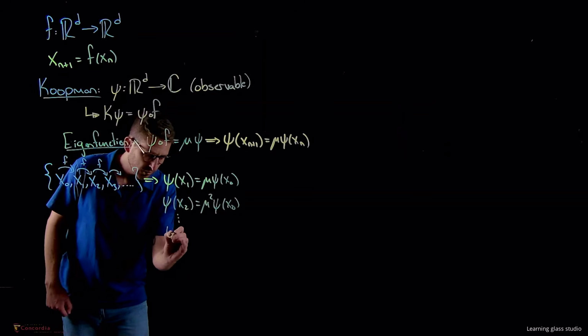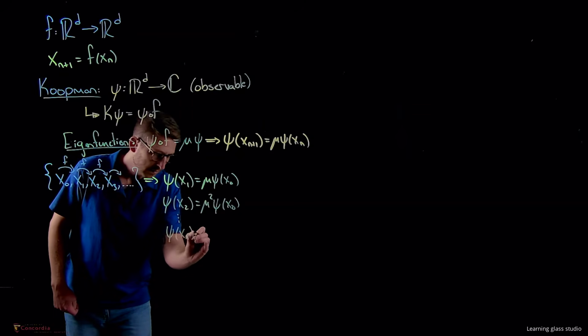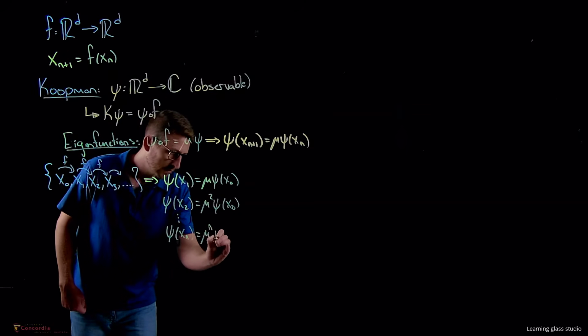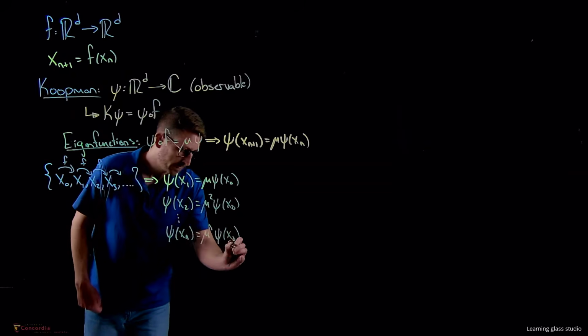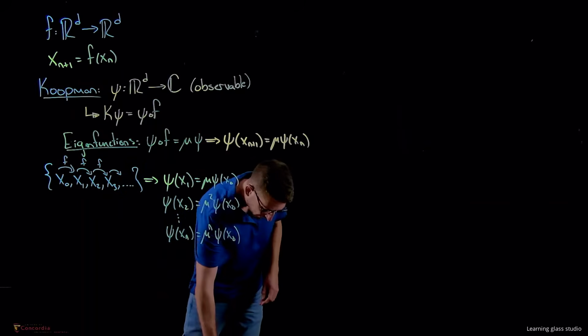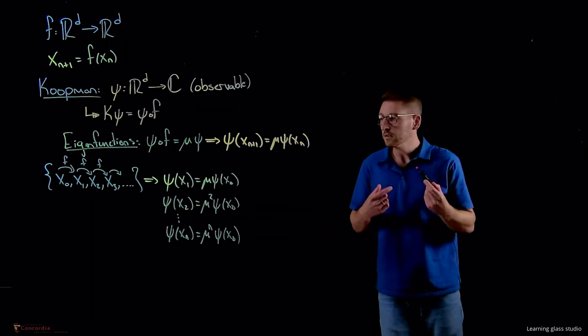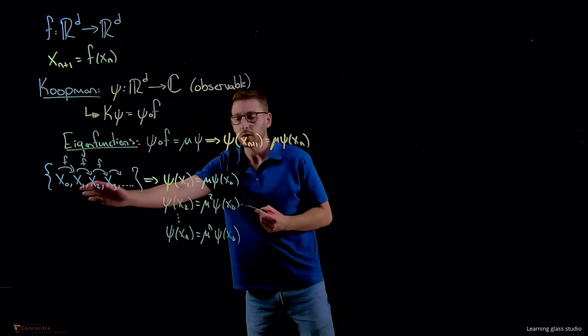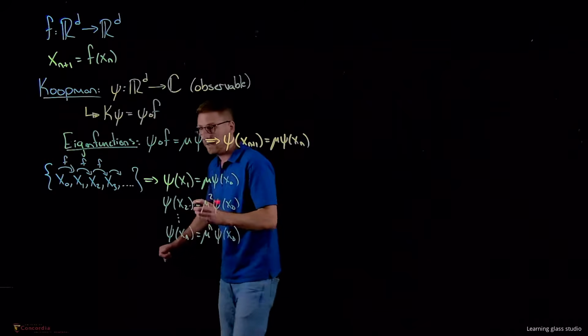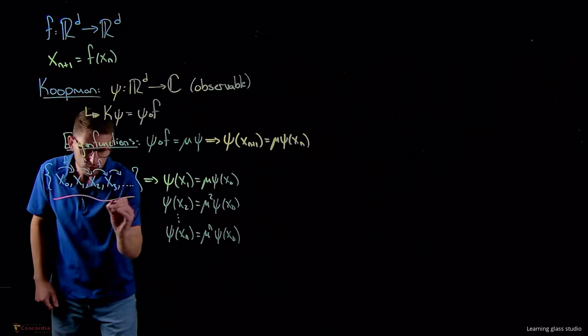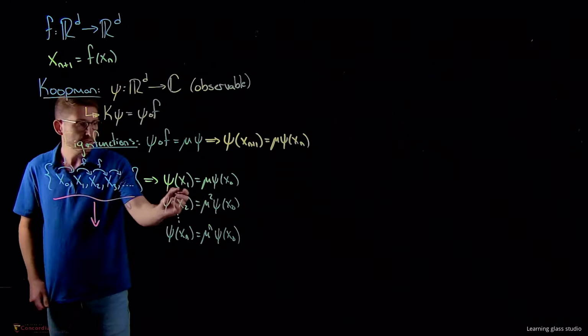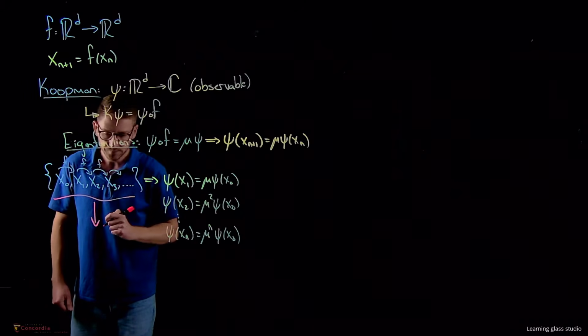And in general, psi of x_n is equal to mu^n psi of x_0. So this tells me that if I put my data in the right coordinate frame, I could instead wrap it in the psi variable.